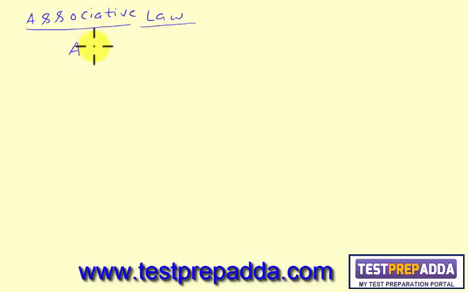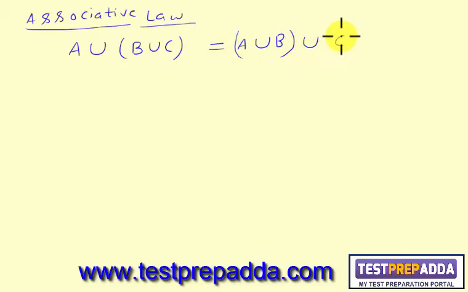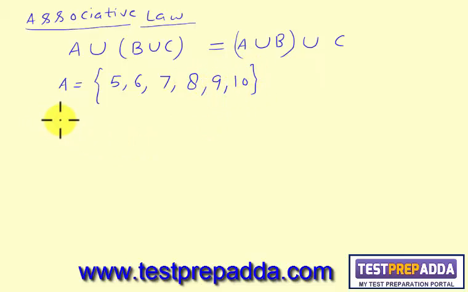It is A union (B union C) is equal to (A union B) union C. So again, if I take A as 5, 6, 7, 8, 9, 10, these are the elements of set A, and B is equal to 6, 8, 10, 12, 14, these are the elements of set B. Then what will be A union B?